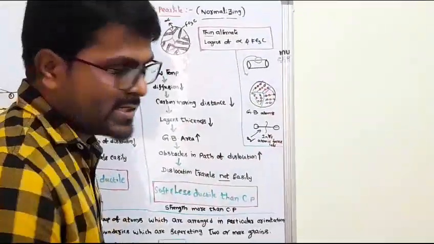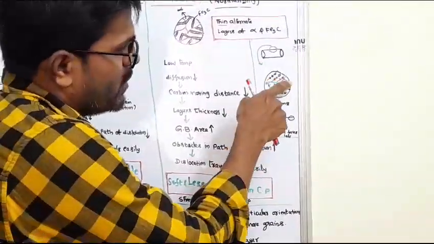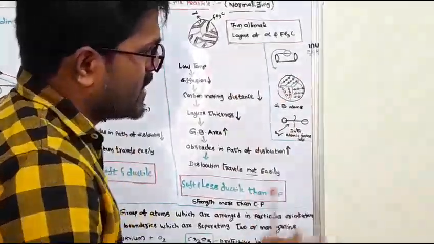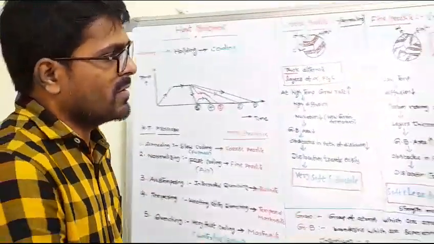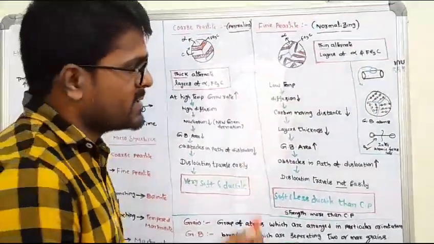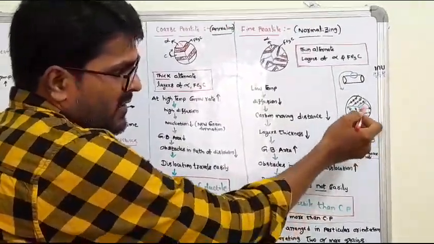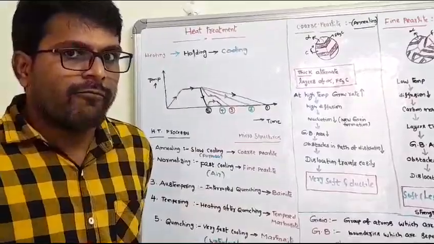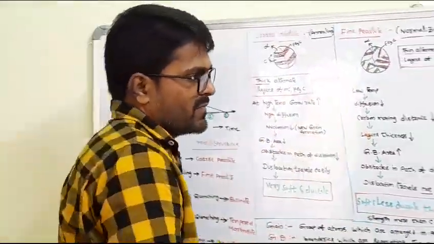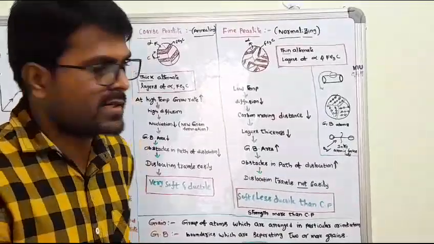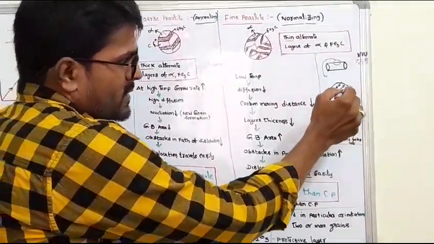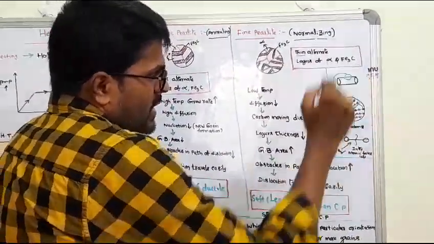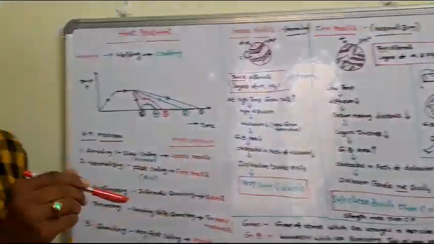If you take the grain boundary atoms, the distance between these atoms, that is the bond length, is more. Because the bond length is more, the interatomic forces are very low. Because the interatomic forces are low, any foreign particle can come in. For example, atmospheric oxygen will come and cause corrosion.